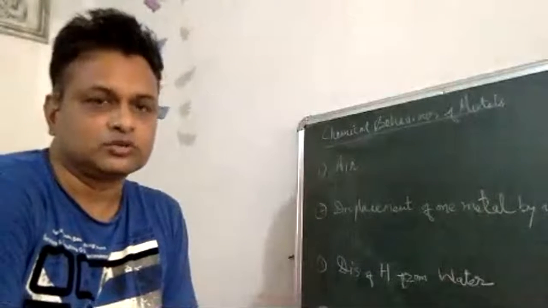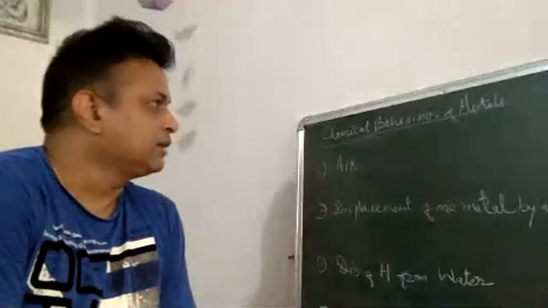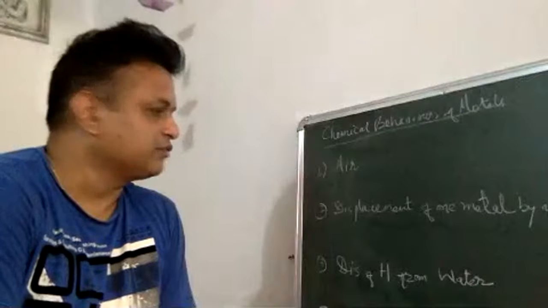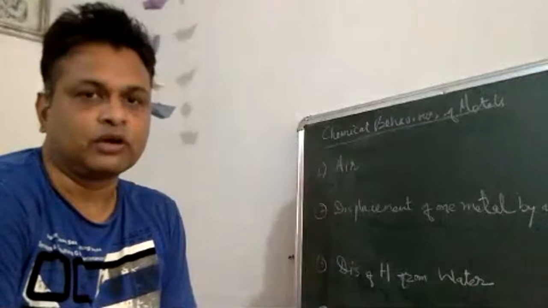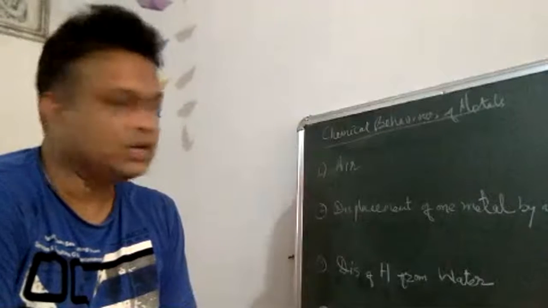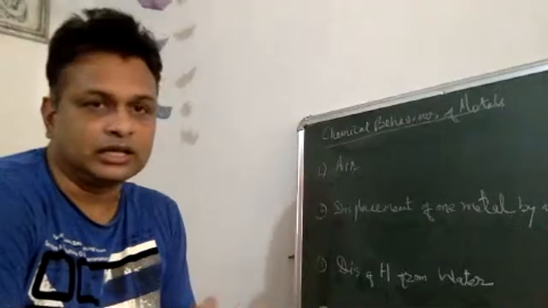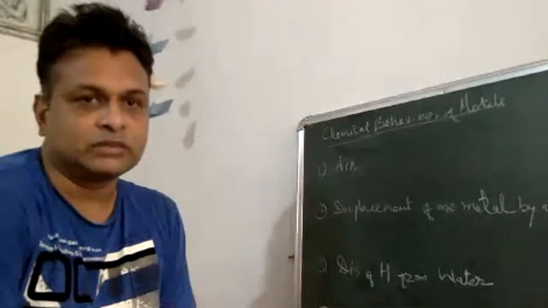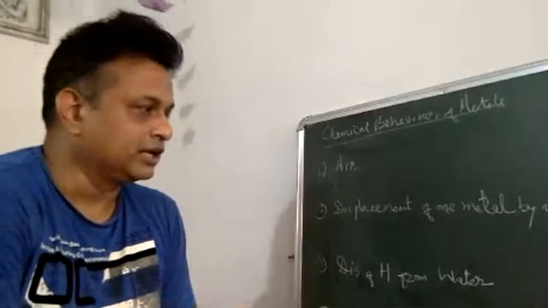While discussing the chemical behavior, we'll discuss four kinds of phenomena. First is air: what will happen when we keep the metal in open air? Second, what will happen when one metal is displaced by another metal, and what are the chemical activities in that?